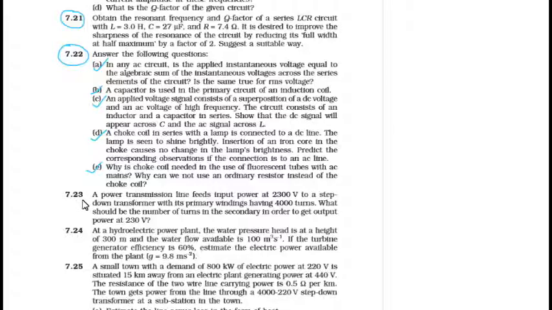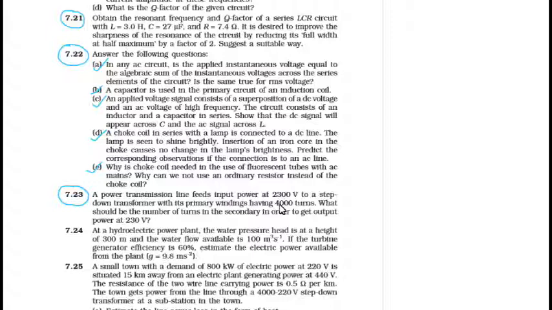Today we'll start with question number 7.23. A power transmission line feeds input power at 2300 volt to a step down transformer with a primary winding having 4000 turns.